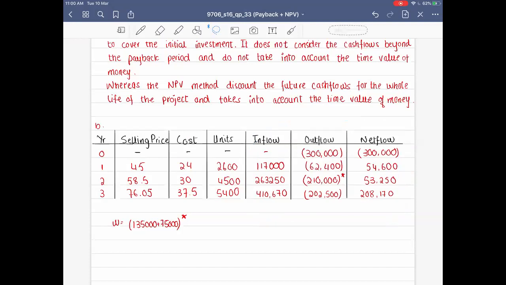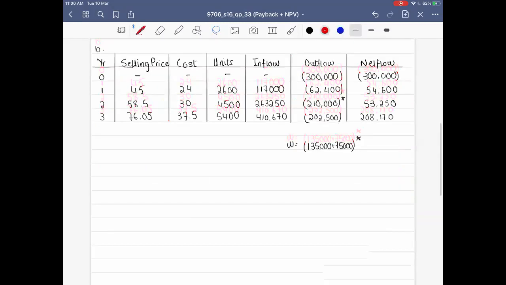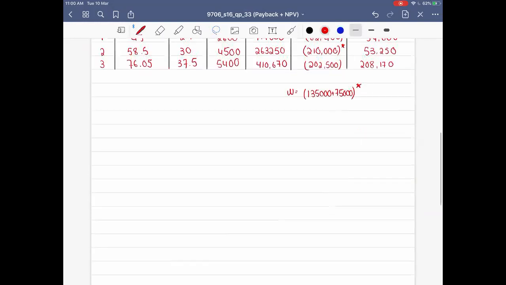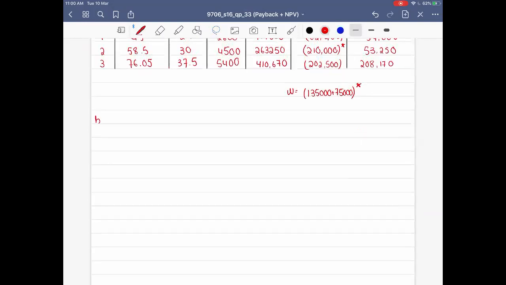Next. Calculate the payback period for replacement machine. So let's start with the payback period, guys. This is requirement number C. Year 0. What is our investment in year 0? No, sir, it's 300,000.